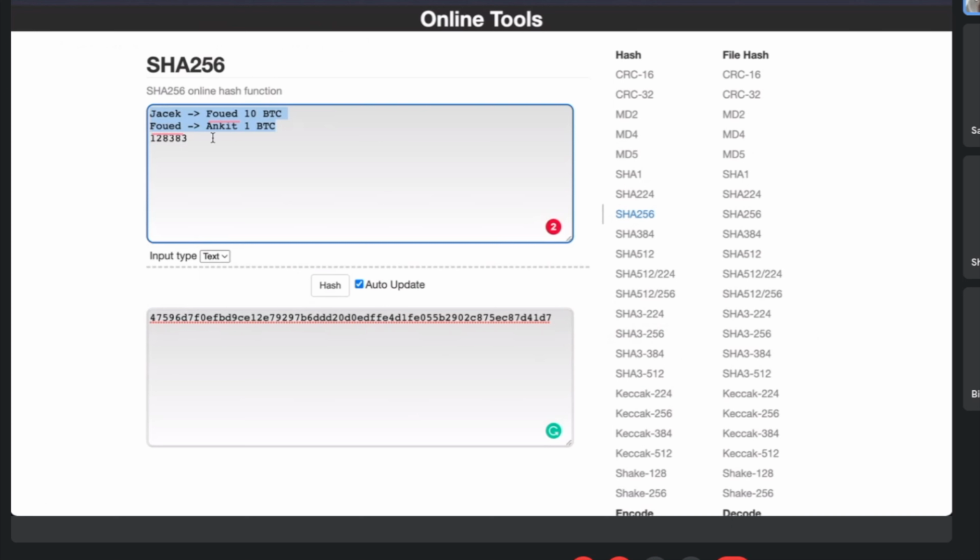If I change a single bit here, I start guessing my hash again. So I start from 0. This is my block, and I start 0, 1, 2, 3, 4, 5, 6, 7, 8, 9, 10, and I can do it randomly. 1,123, 500.